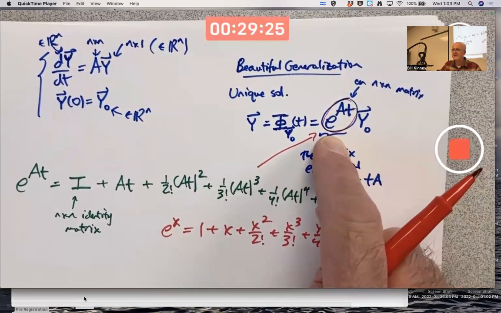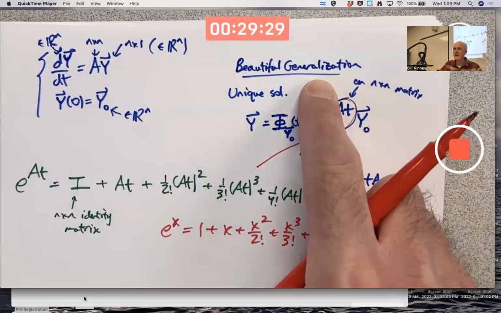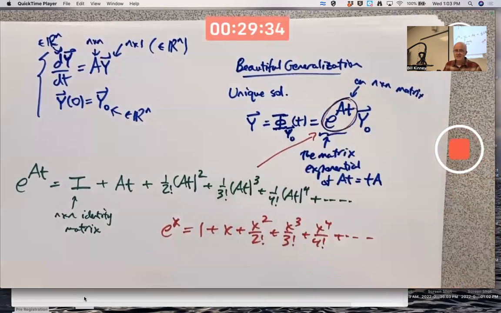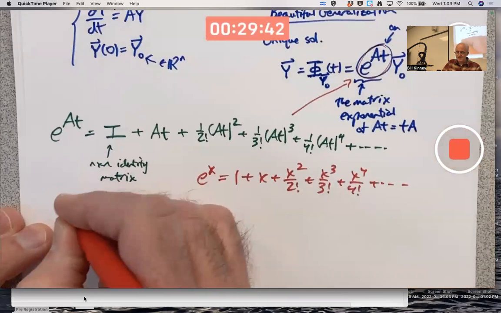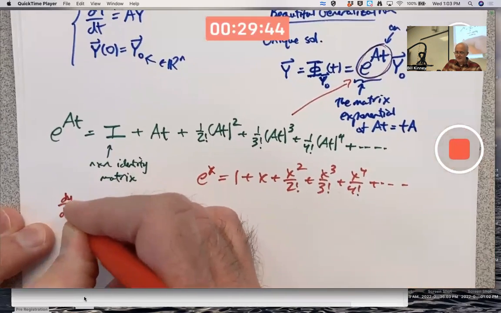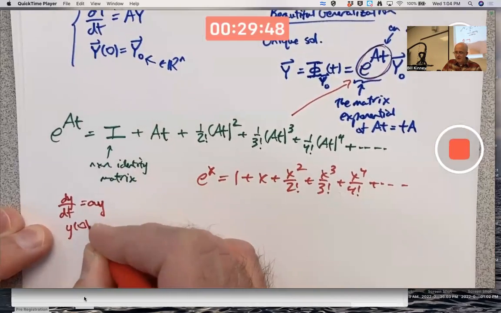Why is this the beautiful generalization? Why do I call it that? That's my name, by the way; nobody else I know calls it that. I call it the beautiful generalization because I just think it is so beautiful. It's a generalization of the situation where everything's a scalar. You know, the differential equation in the very first lecture, dy/dt equals a times y, y of 0 equals y naught.